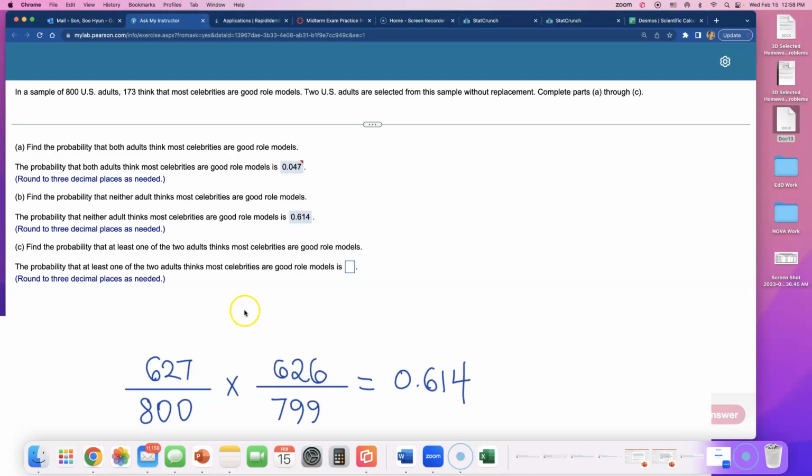All right, give me one more. Part C. Find the probability that at least, oh, that's the hard one now, okay? At least one of the 2 adults think most celebrities are good role models.